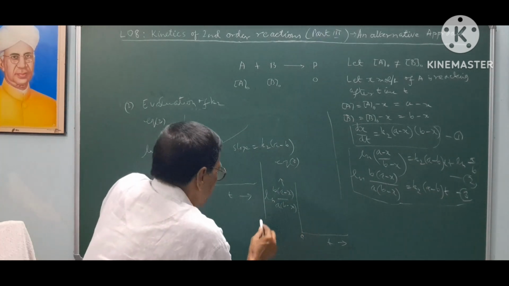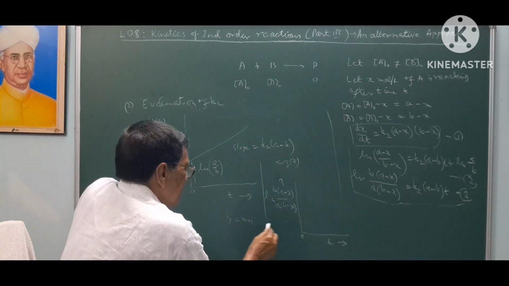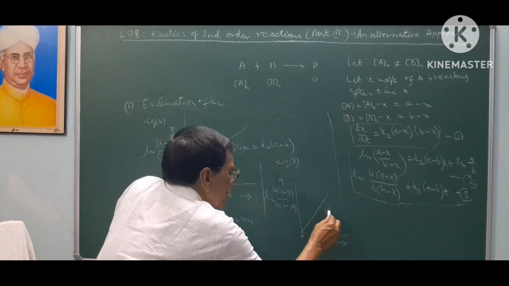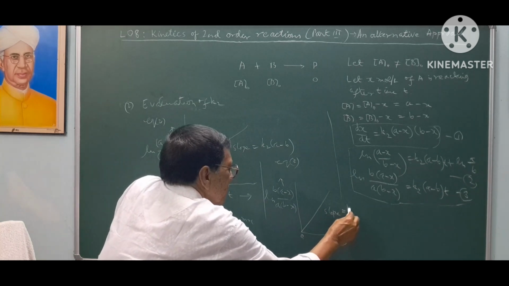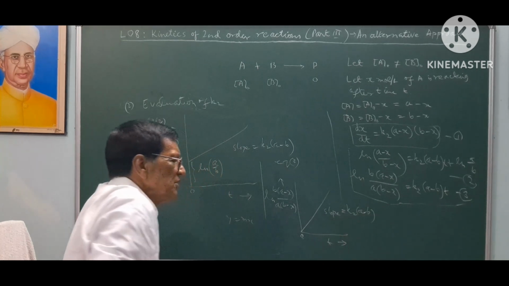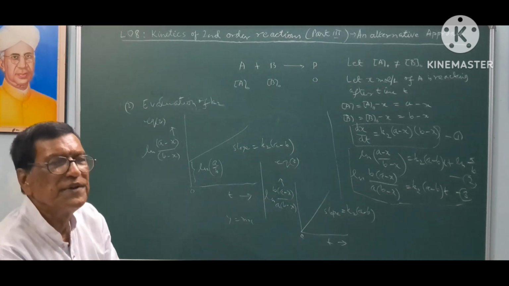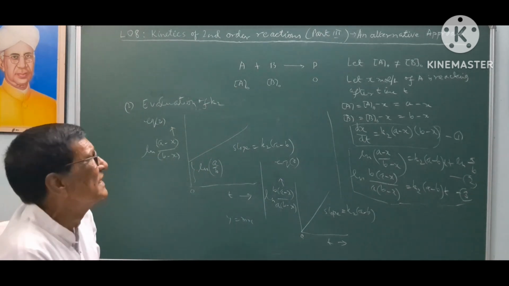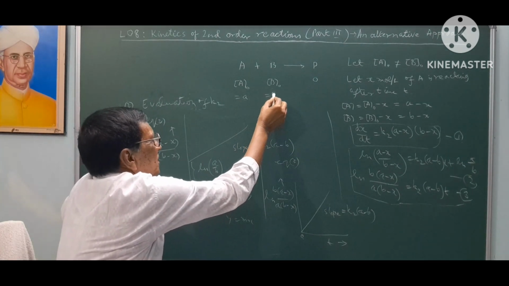So it is y equals mx, a straight line passing through the origin, and the slope will be equal to k2 into (a minus b). So from this slope also k2 could be determined, as a and b of these two substances are known to us.